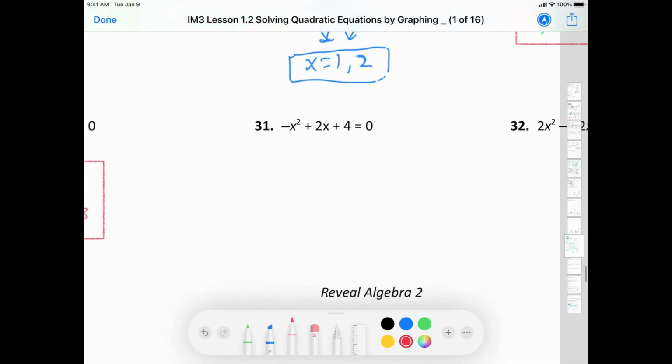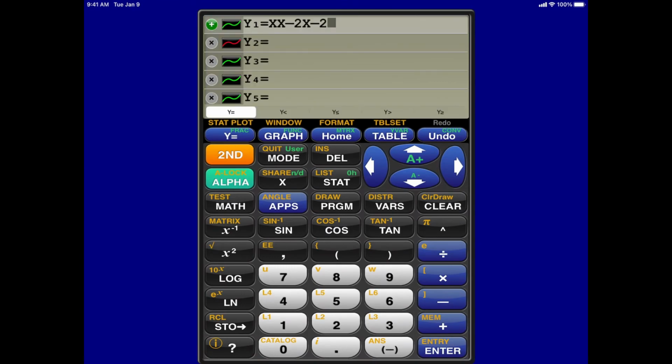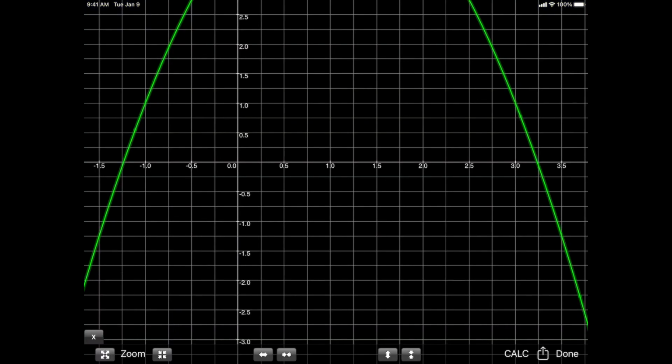Okay, let's go ahead and try question number 31. Y equals negative x squared plus 2x plus 4. I'm going to graph it to give an idea. You see those numbers are around negative 1.25 and 3.25, because between 3 and 3.5 is 3.25.